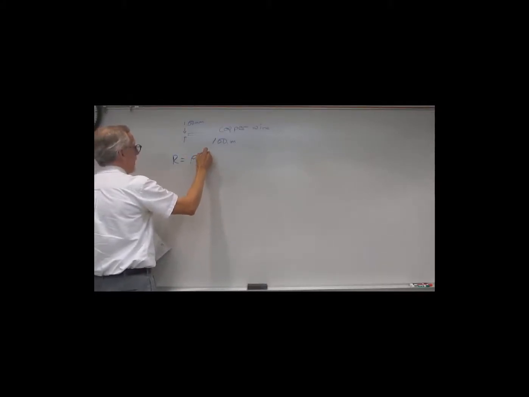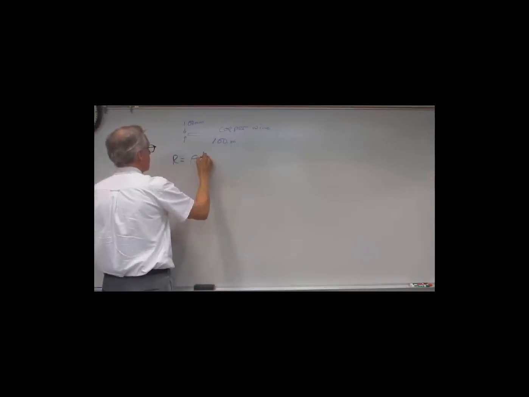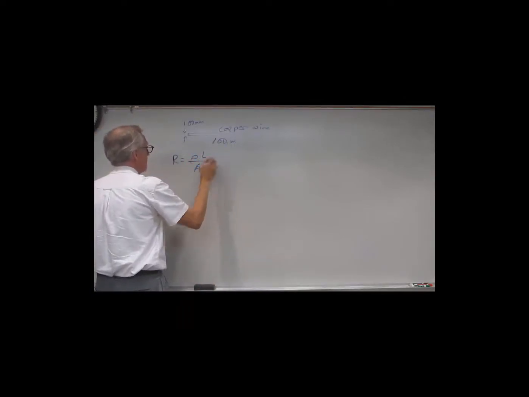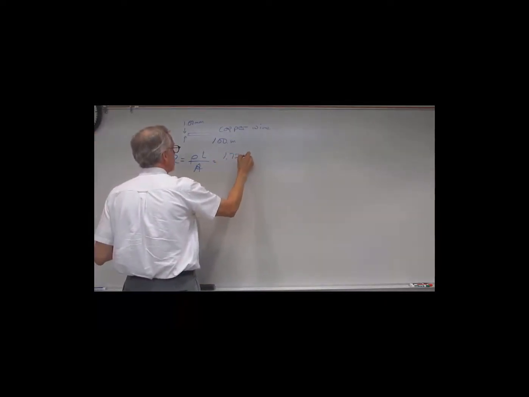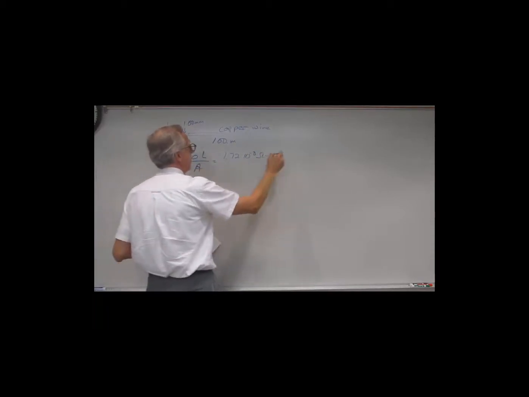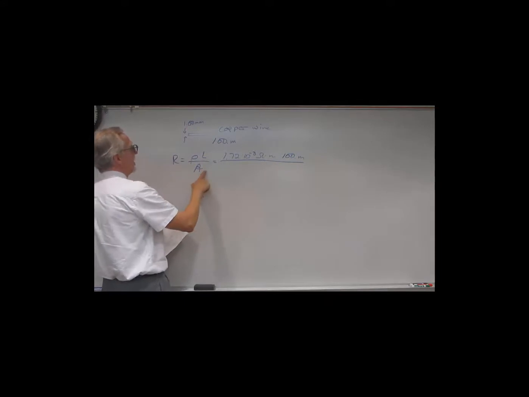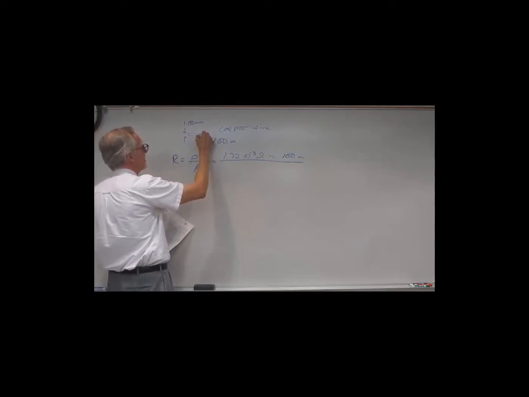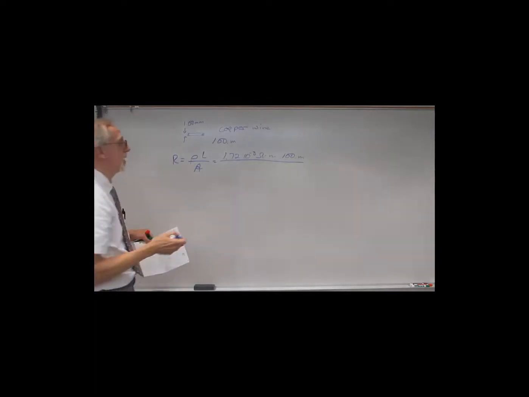Well, R equals rho L over A. So for copper, resistivity is 1.72 times 10 to the minus 8 ohm meters. The length, 100 meters, divided by the area. Now the area, that'll be the cross-sectional area of this wire, which is a circle. Area of a circle is pi r squared.